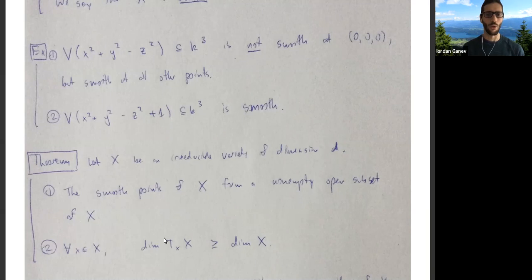Then you take all the partial derivatives and you form a d by n matrix. Since the f's are linearly independent, this matrix will be generically of full rank. And that's why these smooth points form a non-empty open set, because you have something of full rank.